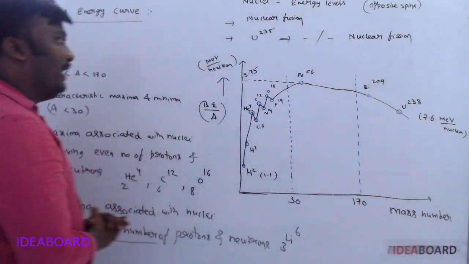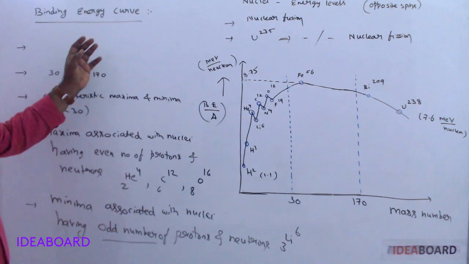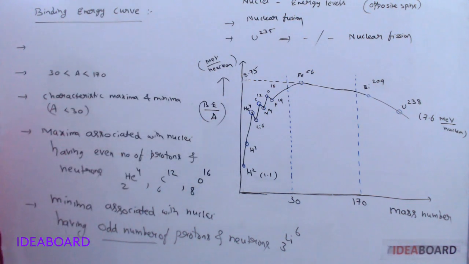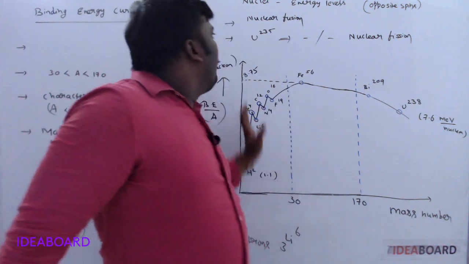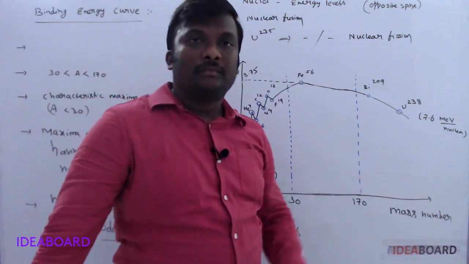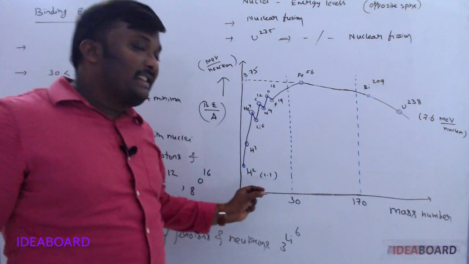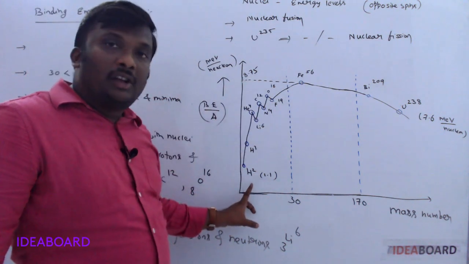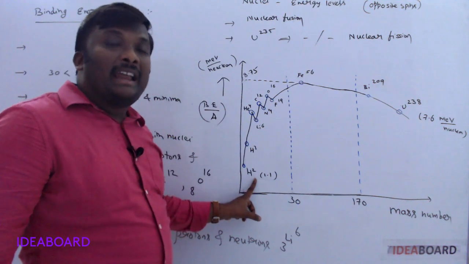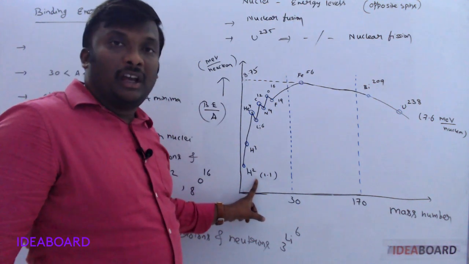Understand? These points are related to the binding energy curve. From the graph only, each and every point we discussed. Just a few minutes, listen carefully one more time. From this graph, deuterium has lesser binding energy per nucleon.